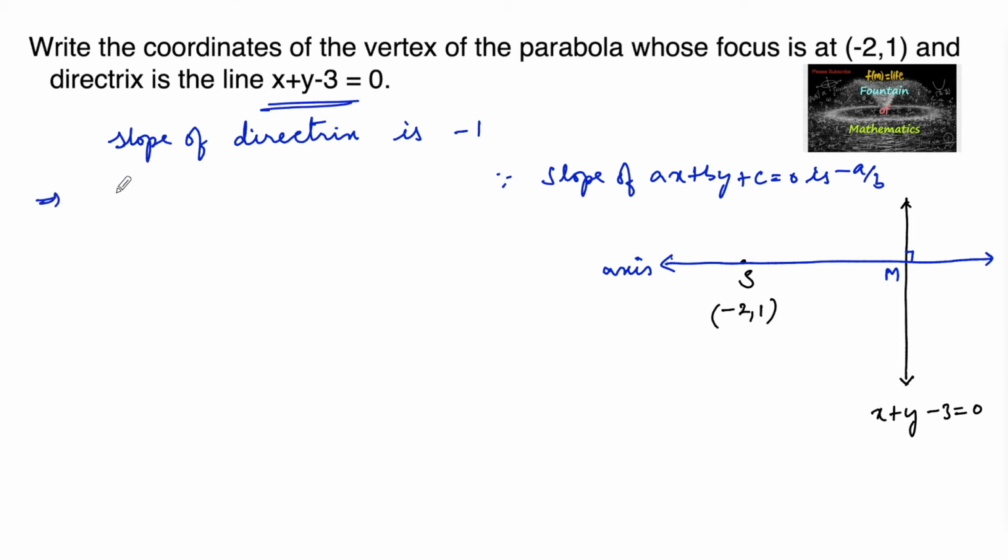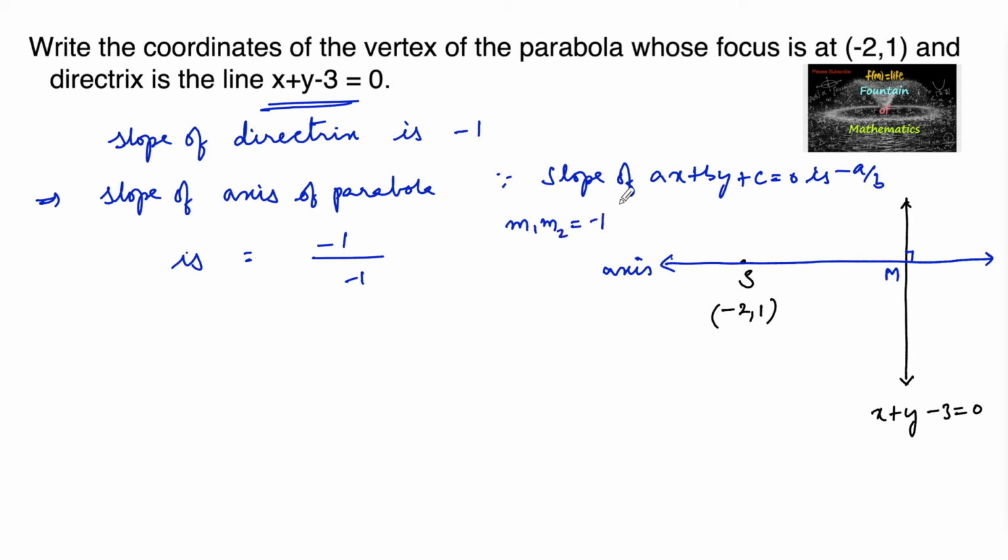Which implies that the slope of the axis of the parabola will be taken as minus 1 by minus 1. Since they are perpendicular, the product of the slopes is minus 1. So the other slope we can consider is negative 1 upon the slope of the directrix, that is minus 1 divided by minus 1, which is 1.